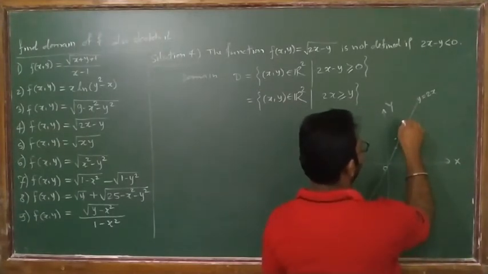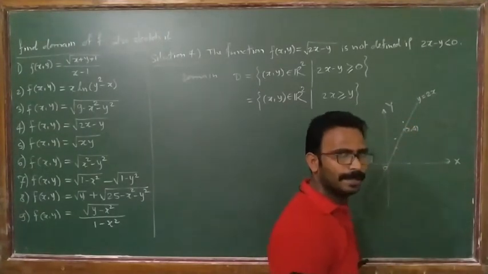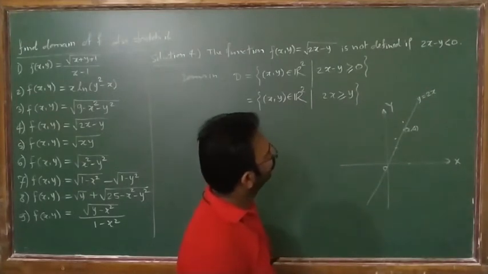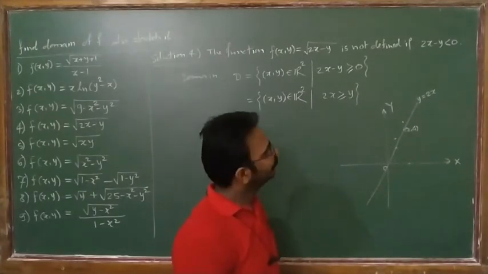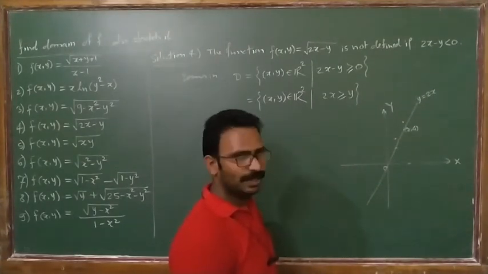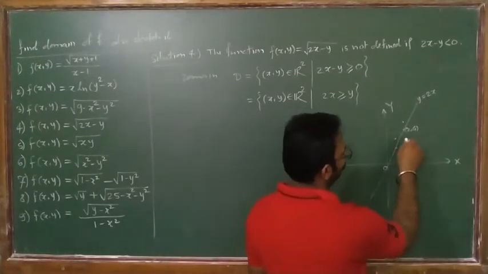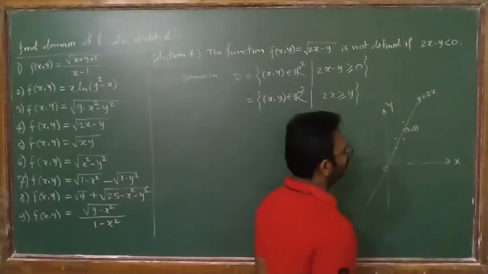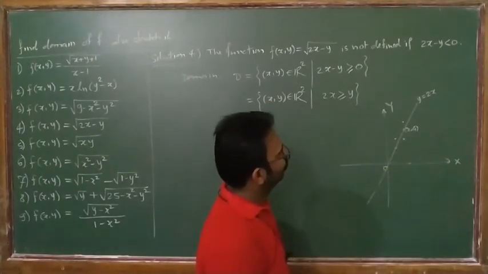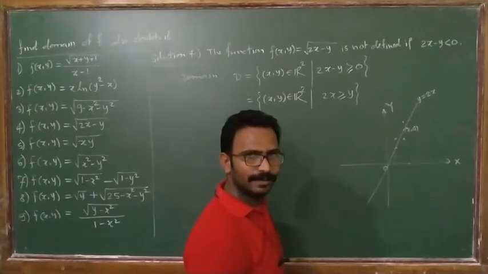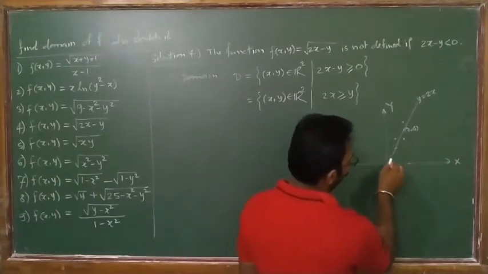So if I take this point, 2 comma 5, 2 into 2, 4 is not greater than 5. Right? So if I choose this point, 2 comma 3, 2 into 2, 4 is greater than 3. So this should be the result.